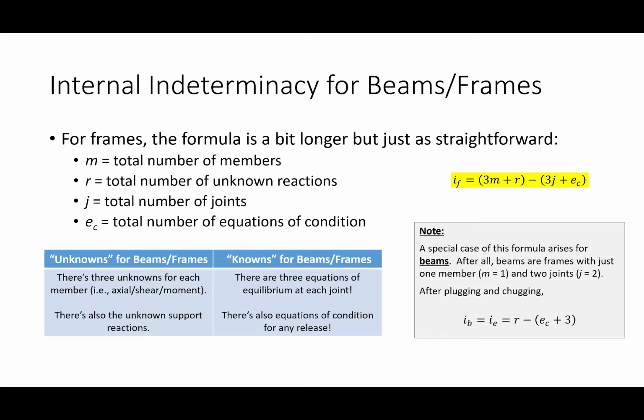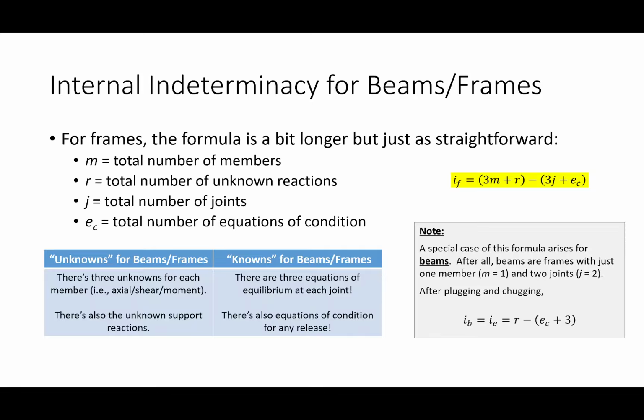Okay. Let's take this beam down here. So let's put a support here. Let's put a hinge here. Let's put a roller here. Let's put a hinge there. Let's put a roller here. Let's put a roller here. Okay? So this is another one that's a little bit more complicated.